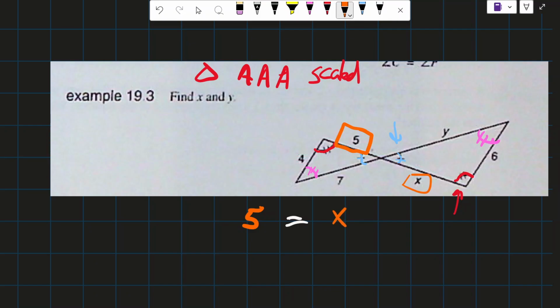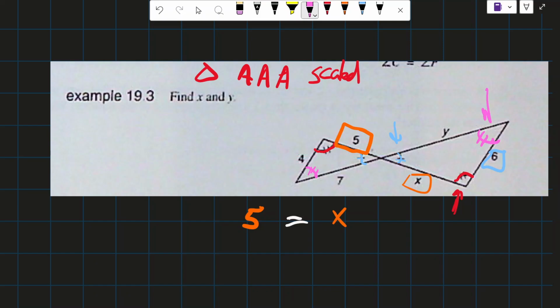Okay. And now let's take a look at the number 6, but let's use a different color. Let's use blue for that, okay? All right. Blue is in between the red and the pink angle, right?